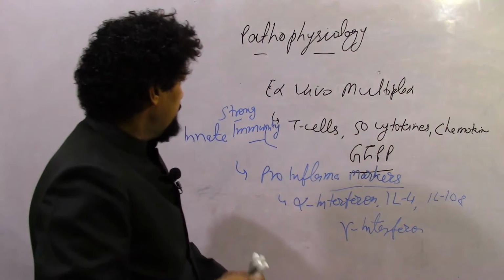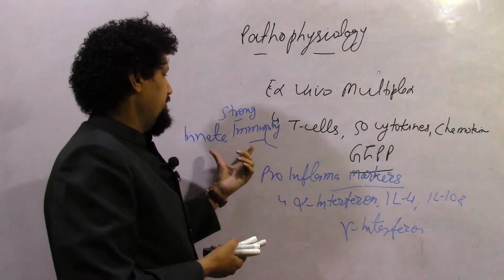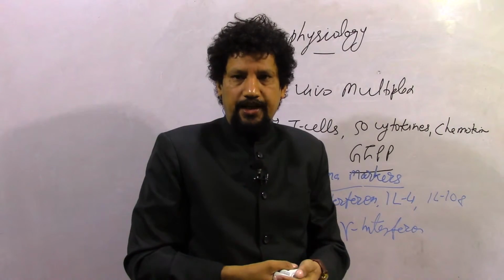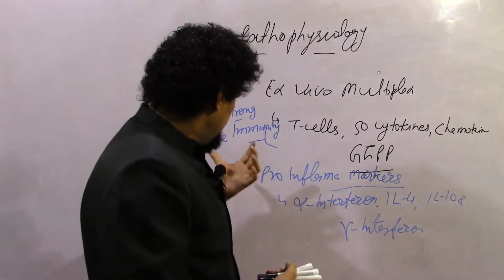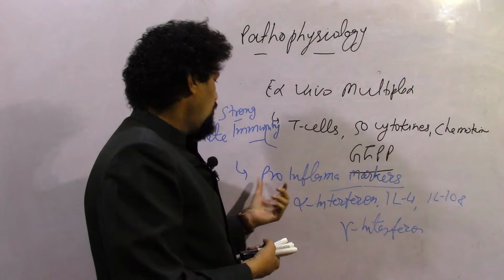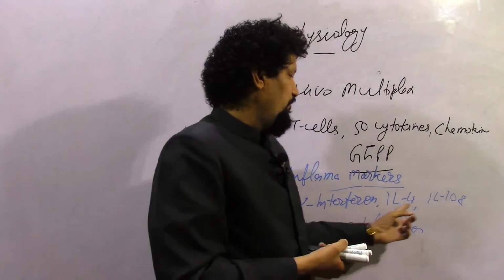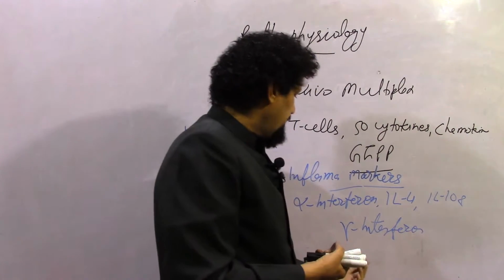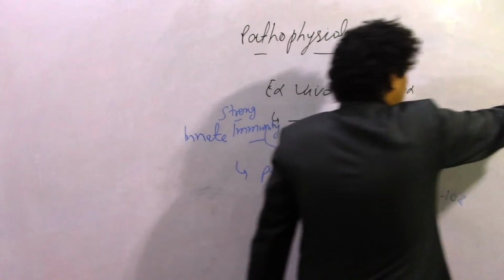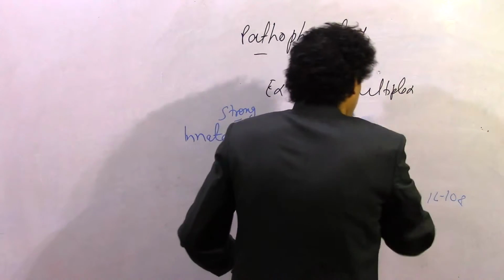So, according to this model, there is strong innate immunity elicited by the chikungunya virus, and this immunity produces abundant pro-inflammatory markers like alpha interferon, interleukin 4, interleukin 10, and gamma interferon. So this is the second model proposed for the pathophysiology of the chikungunya fever.